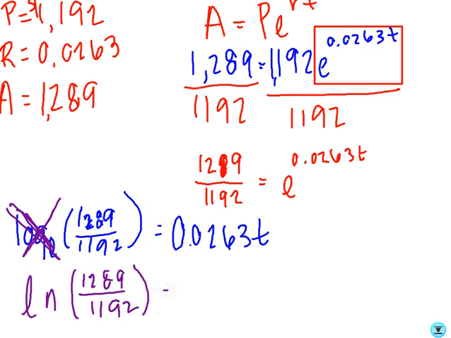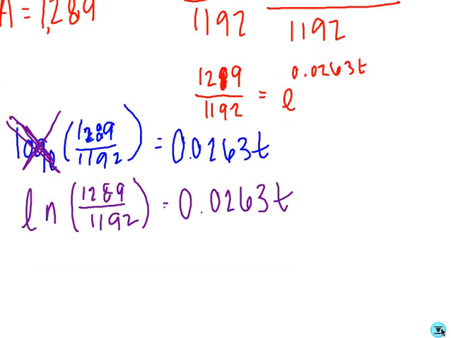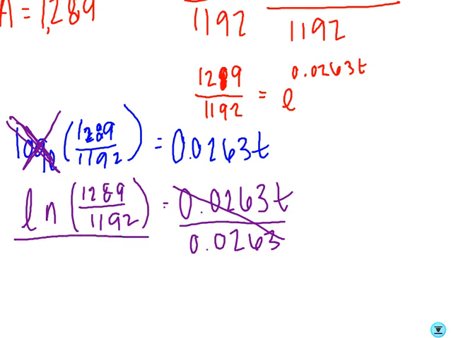ln of 1289 over 1192 equals 0.0263 t, and then we want to get t by itself. So we're going to divide through by 0.0263, and it did say find an approximate value.